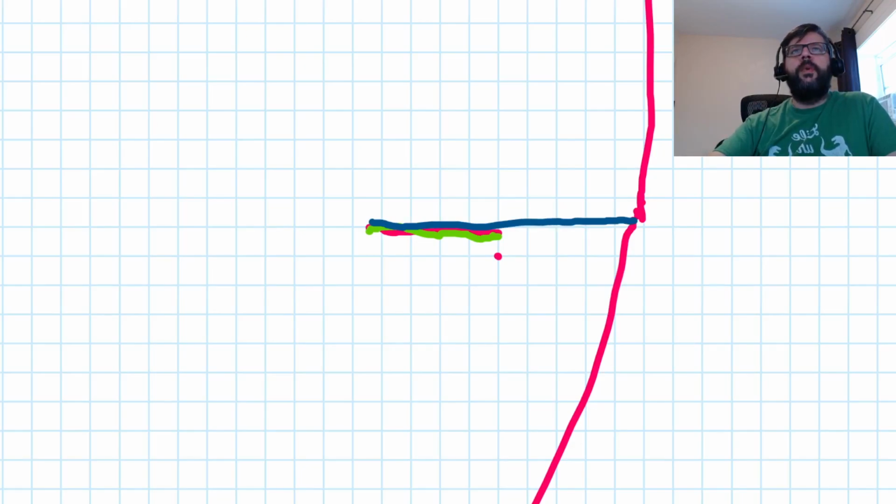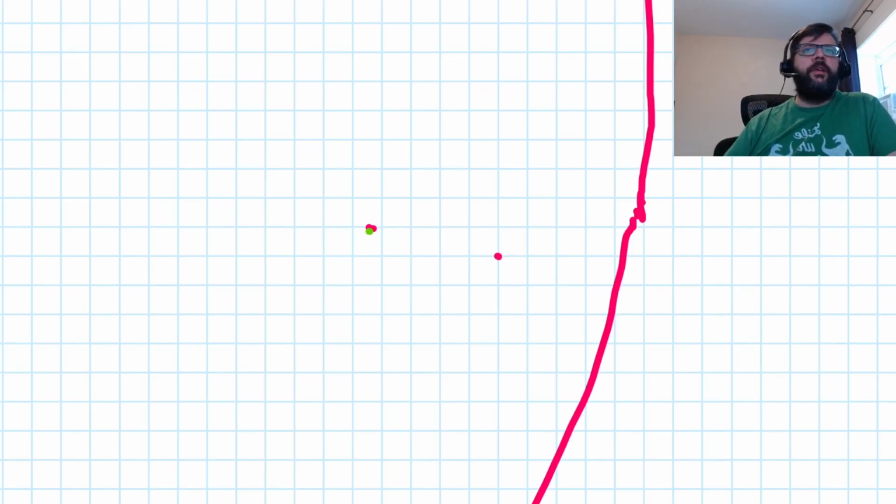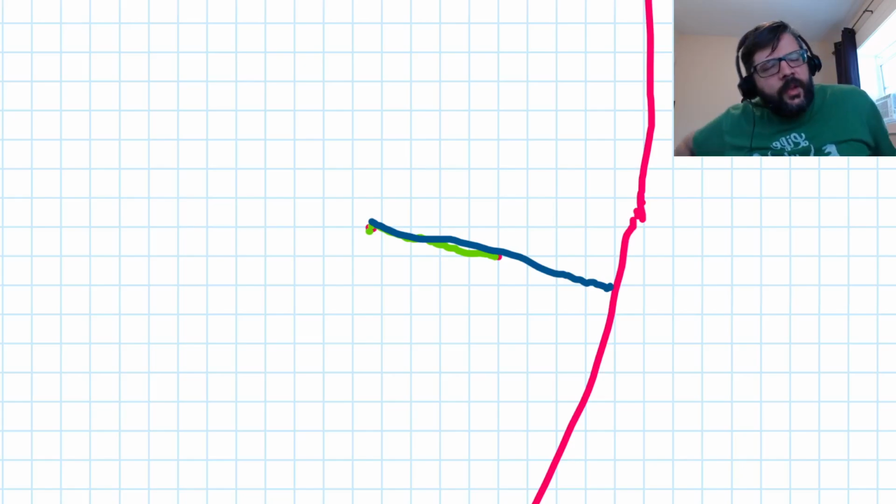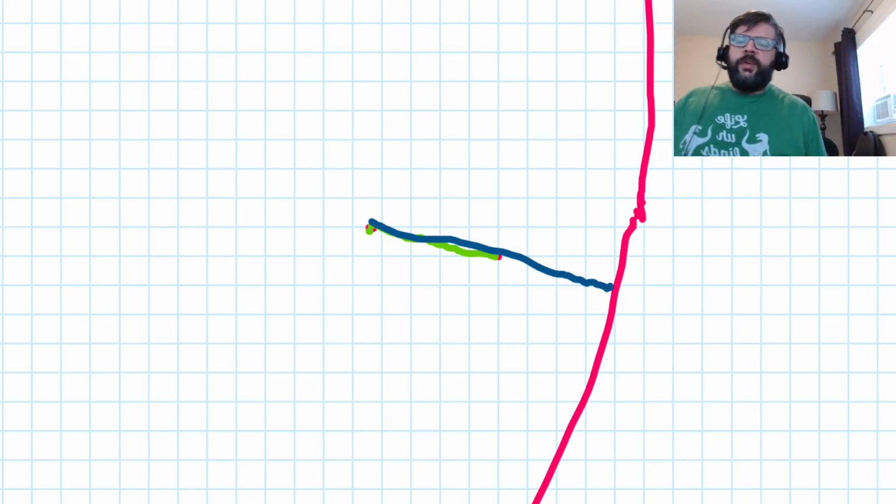Now, if we're talking the simplified Mohr's theory, then the green line that we use would be this distance here, and the blue line will be out to the point where it intersects that line there. So it's going to be a little bit less.